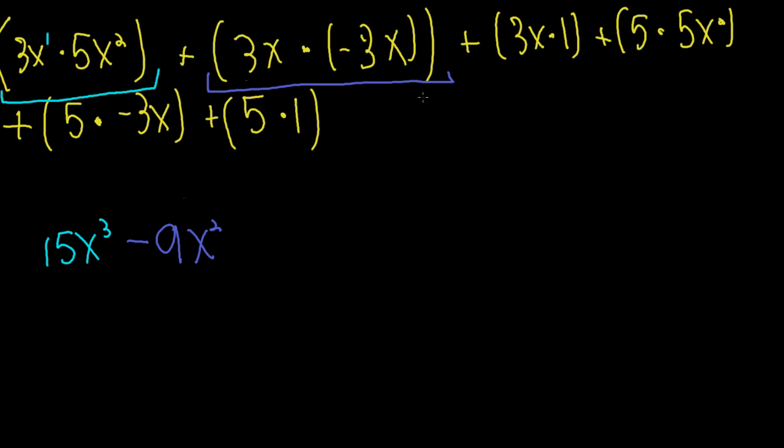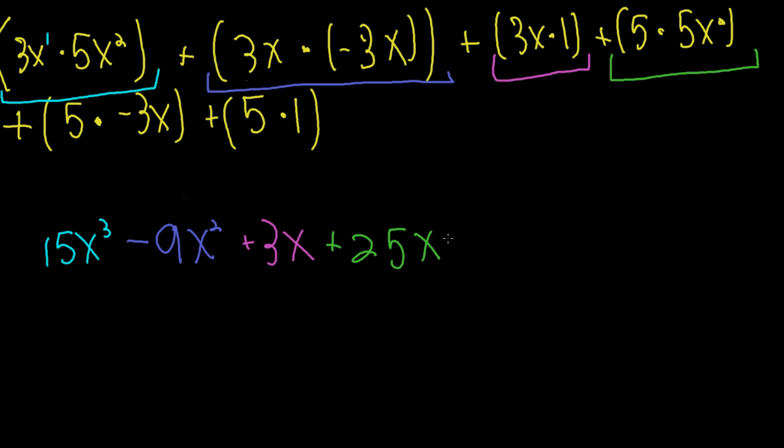And then I have 3x times 1, so that'll get me plus 3x. Then I have 5 times 5x squared. That's an x squared if you can't tell. So we get plus 25x squared.